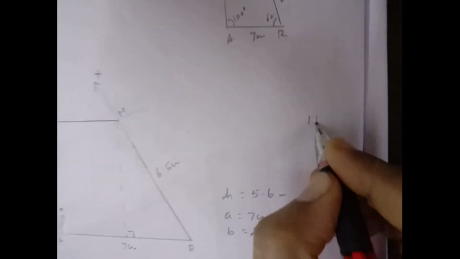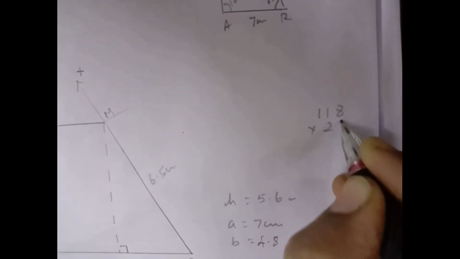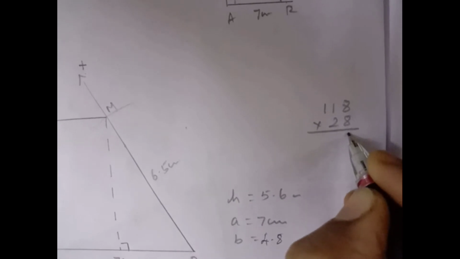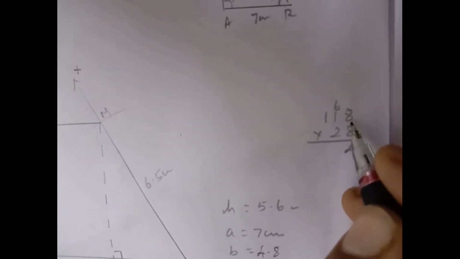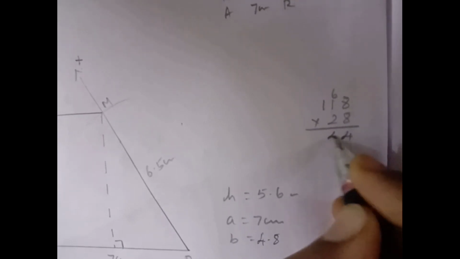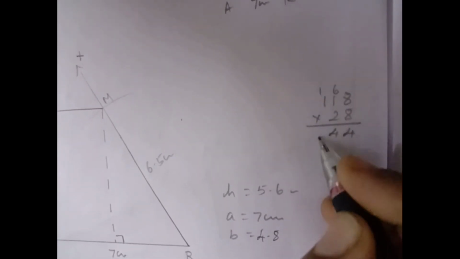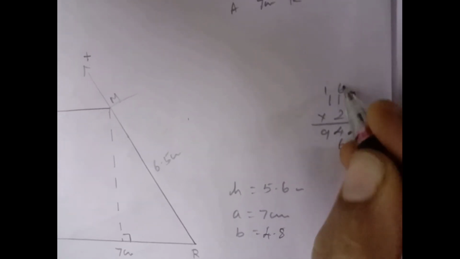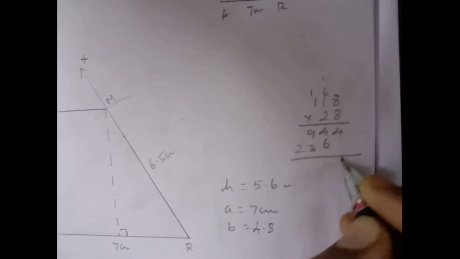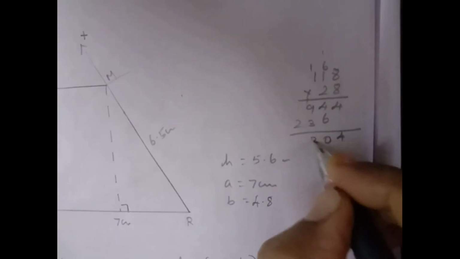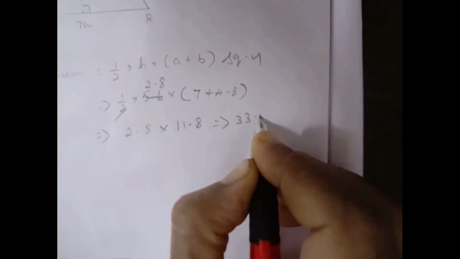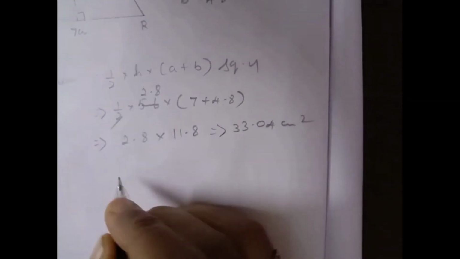Multiply. 8 fours are 32, carry 3... Answer: 33.04 centimeter square.